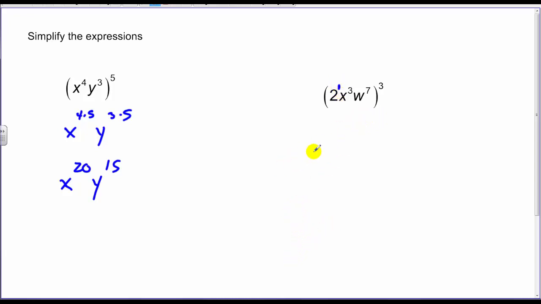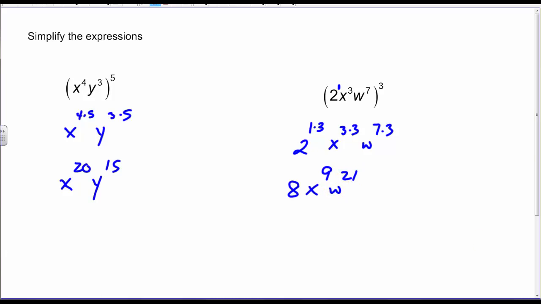So this is really base of 2 to the 1 times 3 power, x to the 3 times 3, and w to the 7 times 3. 2 to the 3rd is going to be 8, x to the 9th, w to the 21st.